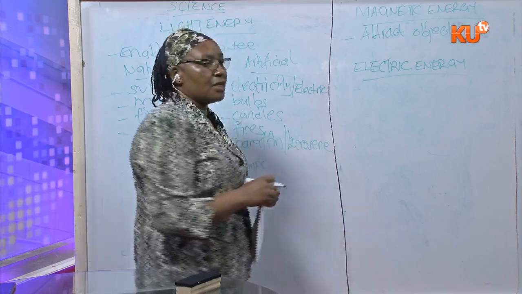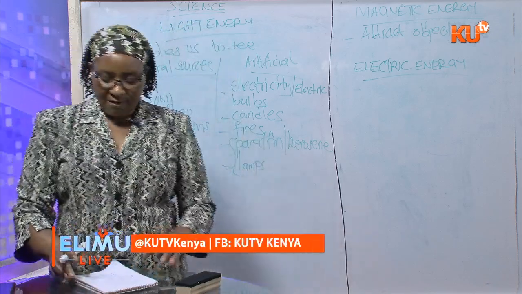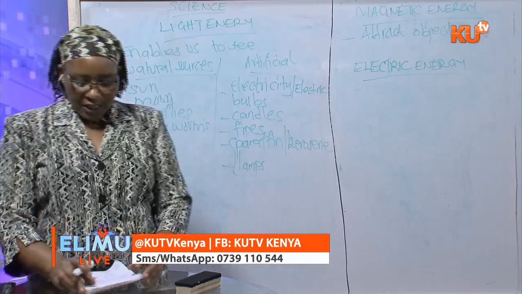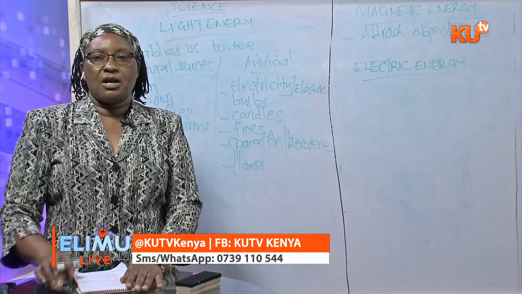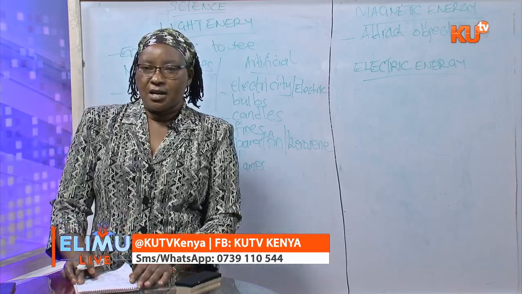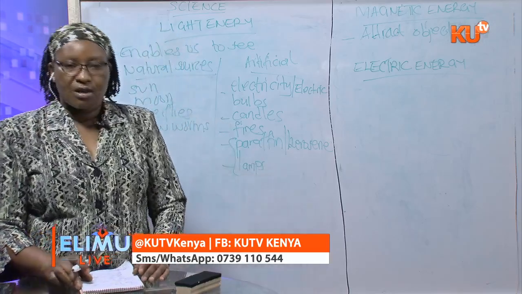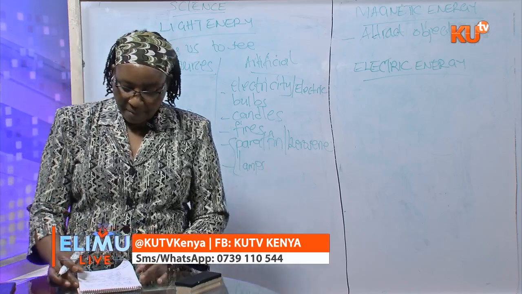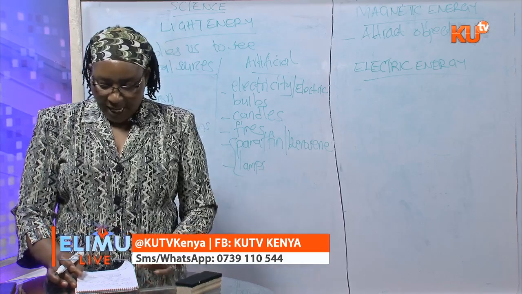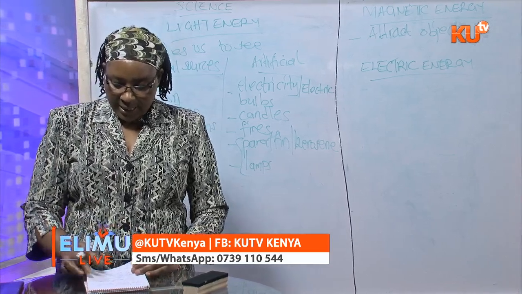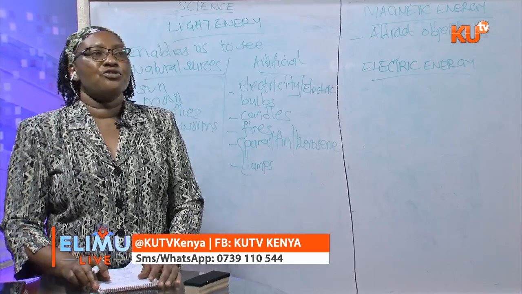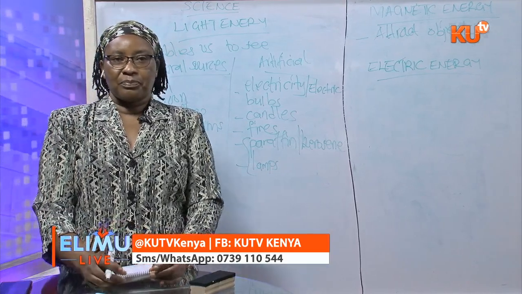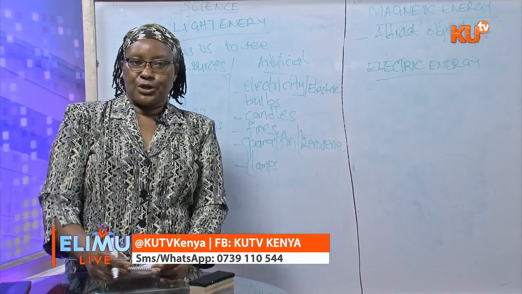Now, electric energy, as you have learned in class 7, is energy which is created maybe using water, that is hydroelectric, by hydroelectric generators, geothermal wells. You can get electricity from there. And it is used for lighting our houses, heating our houses, and we can also use it in electric appliances at home, like the blender, like the toaster.